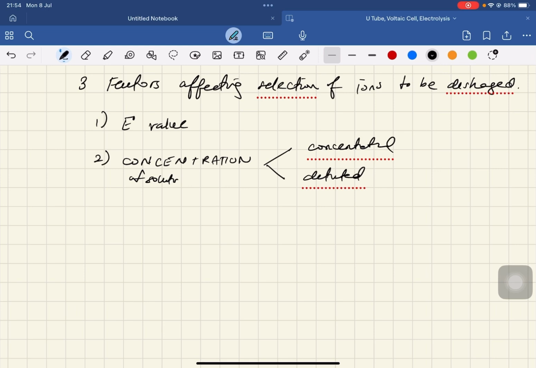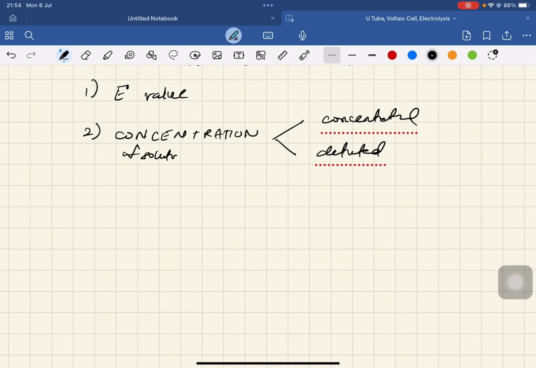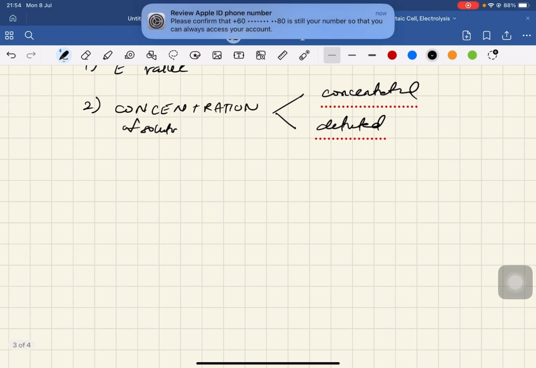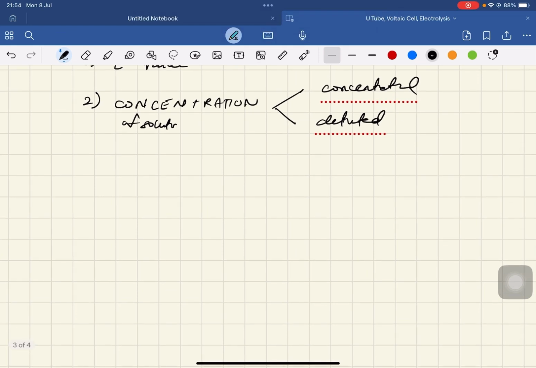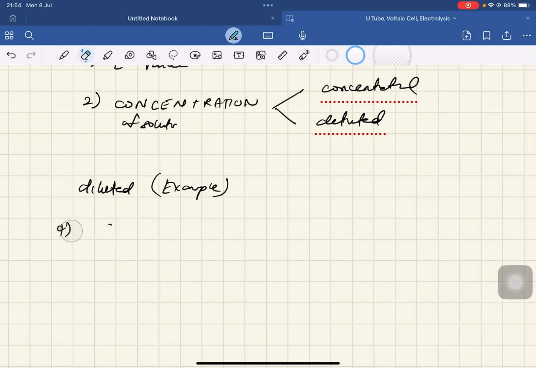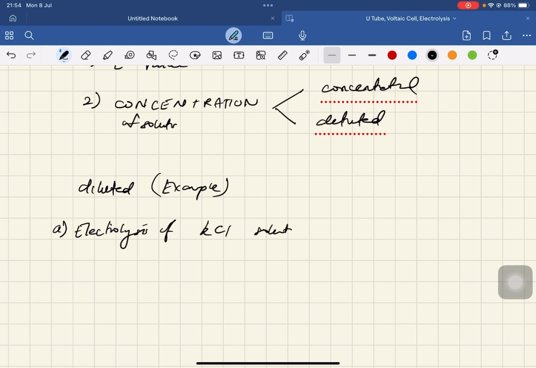Before that, diluted is as usual. Let's say we have an example, like number 4: electrolysis of potassium chloride solution.